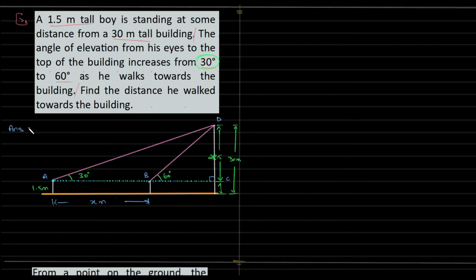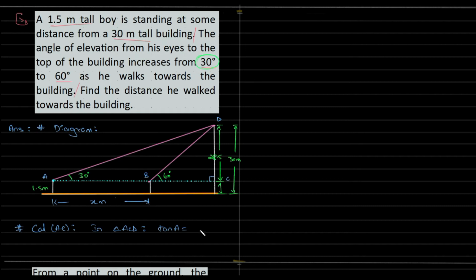Okay, so we began with the diagram, and we'll continue with finding AC, because ADC is a right angle triangle and BDC is a right angle triangle. AC and BC are what we have to figure out. So we need to calculate AC. In triangle ACD, tan of A, right? Because we have to find the adjacent and we know the opposite.